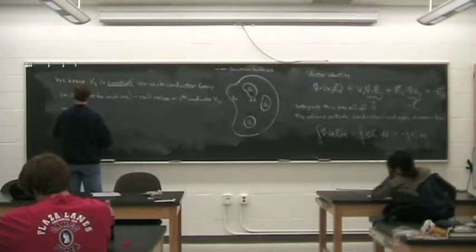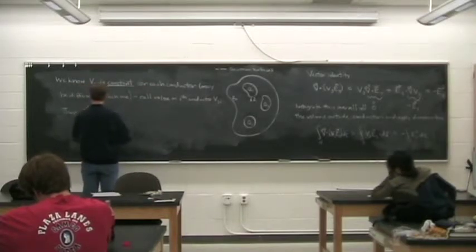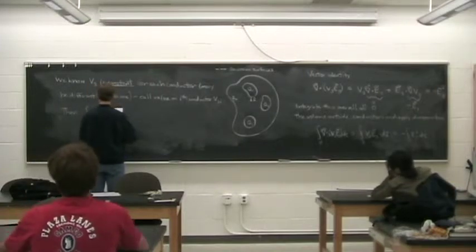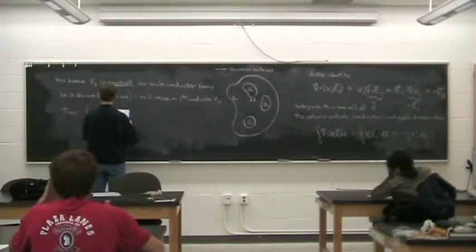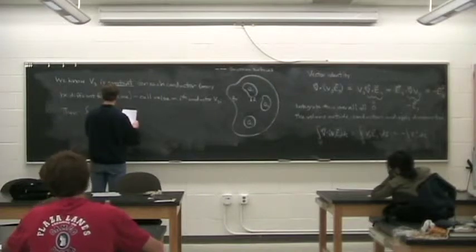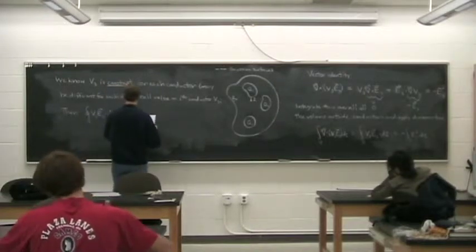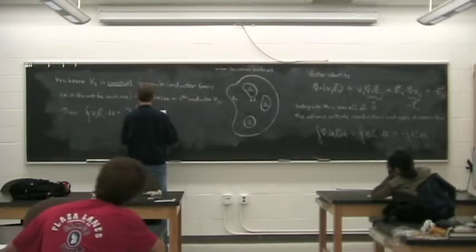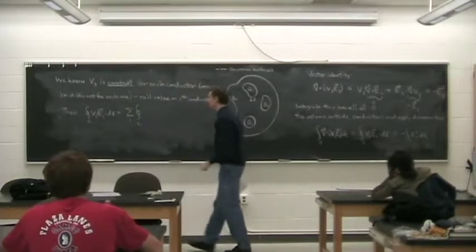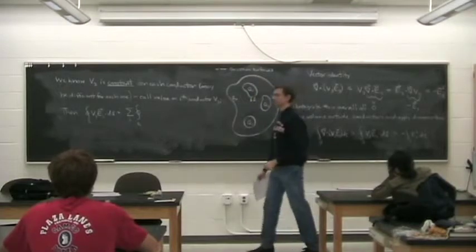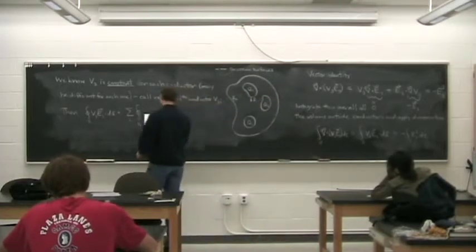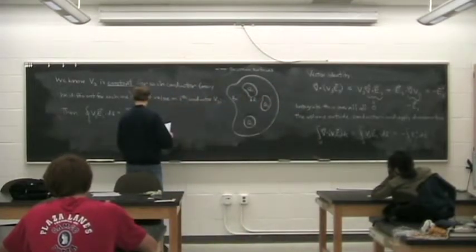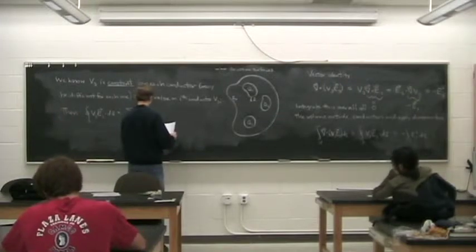Then if I take the integral over the bounding surface of the flux of V3 E3 dot dA, that's the sum of the fluxes through each piece of the surface, where S sub I is the ith surface.